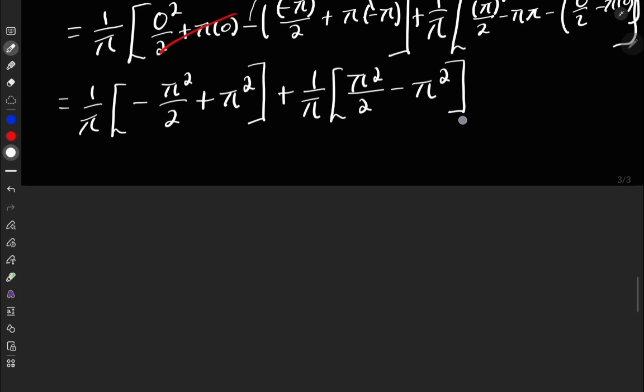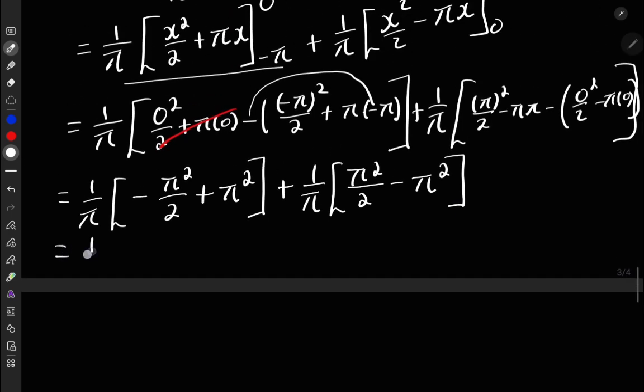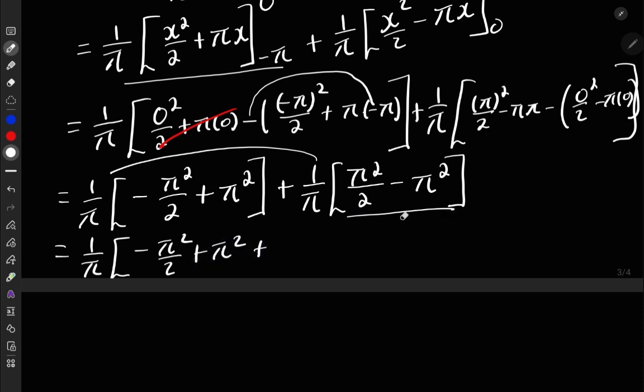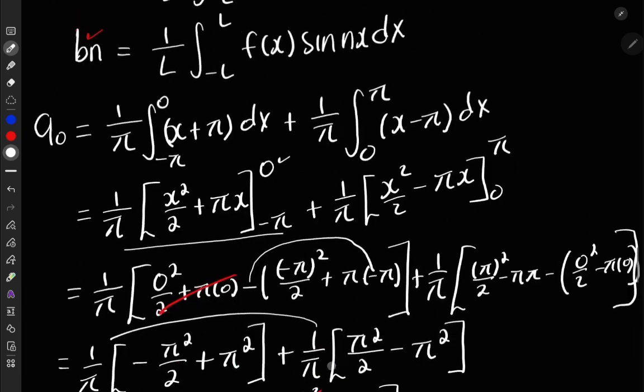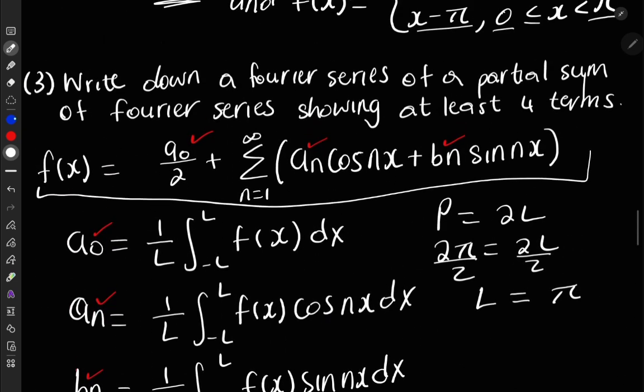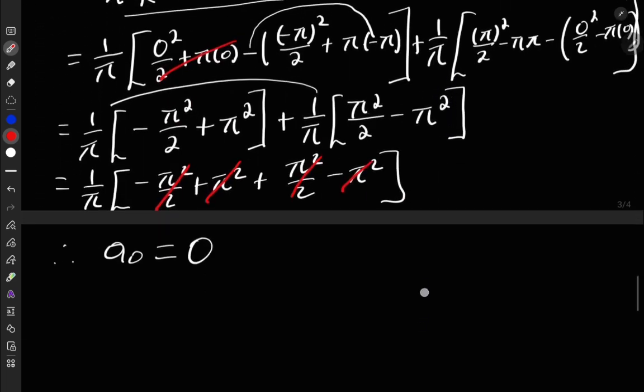You can see that these are the same. Then you can simply say minus pi squared over 2 plus pi squared, plus the second batch, which is pi squared over 2 minus pi squared. Then this and this cancel. Therefore, our a0 is equal to 0, meaning that when we are writing our Fourier series, we are not going to have this part. And then let's go for an.